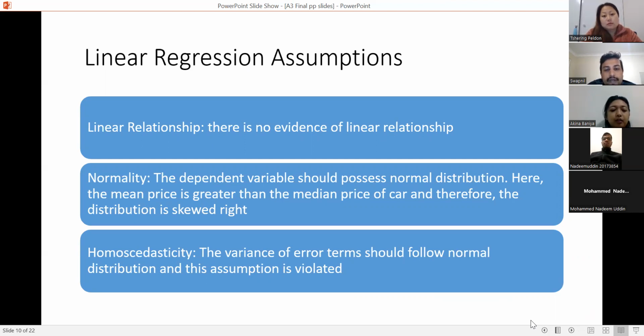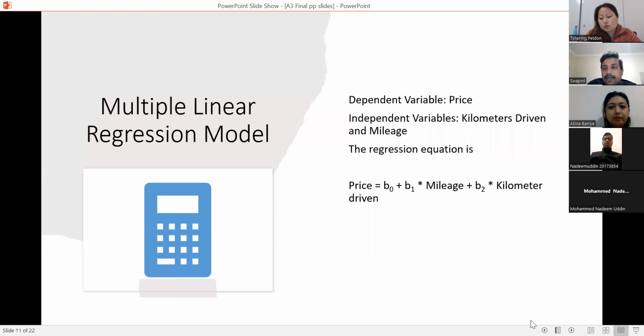Here the mean price is greater than the median price of the car, and therefore the distribution is skewed right. Homoscedasticity: the variance of error terms should follow a normal distribution, and the assumption is violated. And now I'm going to call my other group members to present their part.